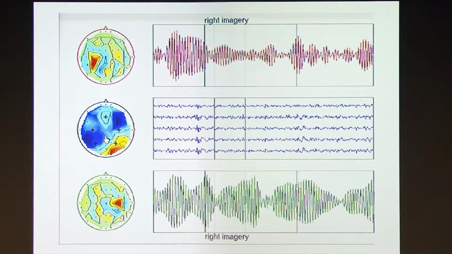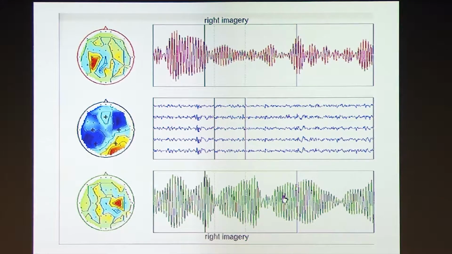You cannot see it by eyeballing, it's hard. But then we apply our filters that we just estimated with our linear algebra procedure, and we see that this filter has a very nice signal that is suppressed, whereas this one has a higher variance. So we can distinguish between right imagery, because this one has a small signal, and left imagery, because this one has a large signal. So let's continue.